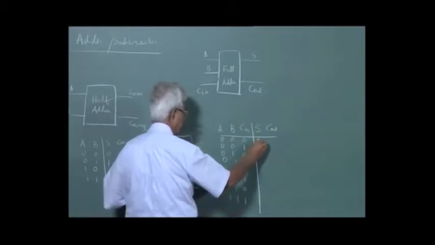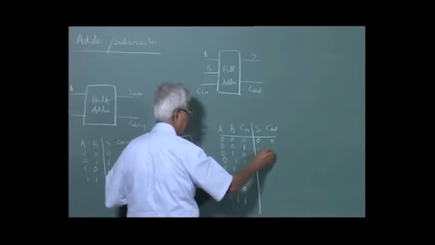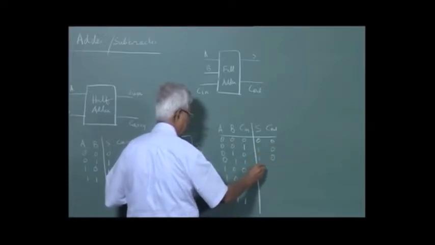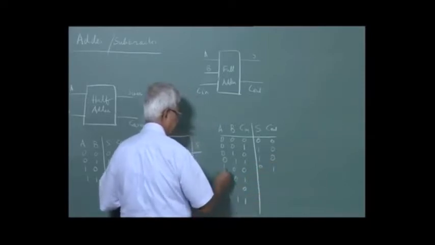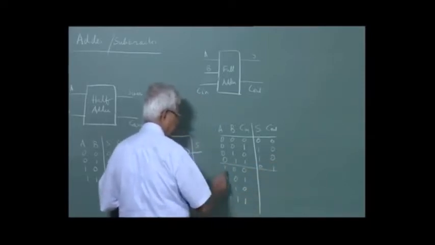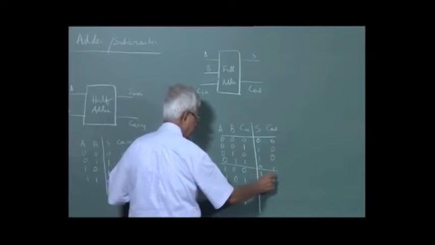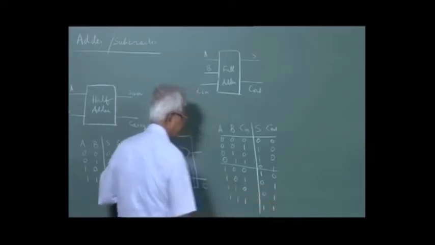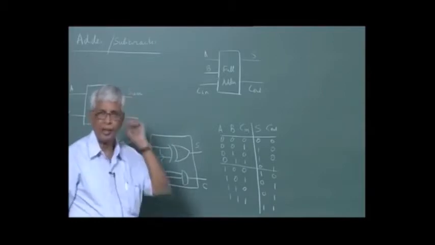Sum is 0, carry is 0, sum is 1, carry is 0, sum is 1, carry is 0, sum is 0, carry is 1. First 4. Now it's sum is 1, carry is 0, sum is 0, carry is 1, sum is 0, carry is 1, sum is 1, carry is 1. This is the truth table of a full adder.